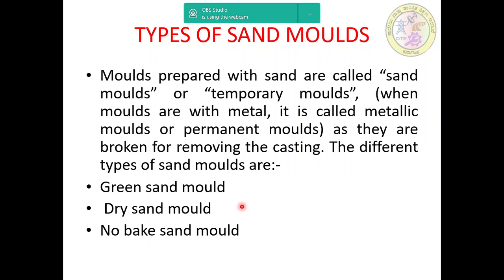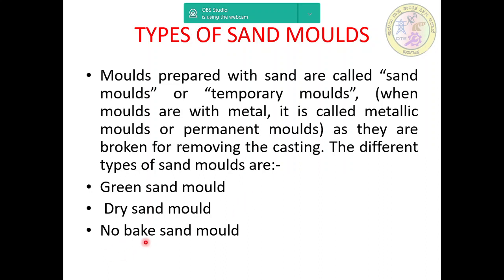The only drawbacks of these dry sand molds are that production is slower, due to the baking process, and that oven baking of molds is another disadvantage. And they are not suitable for large and heavy castings as they are difficult to bake. That is the main drawback of these dry sand molds.